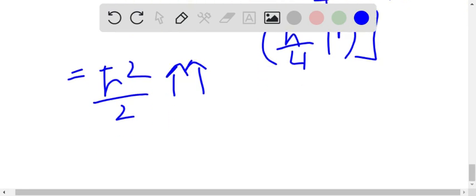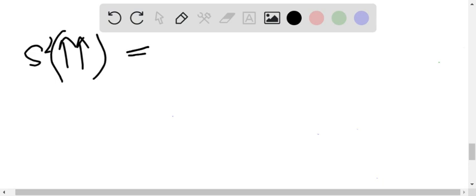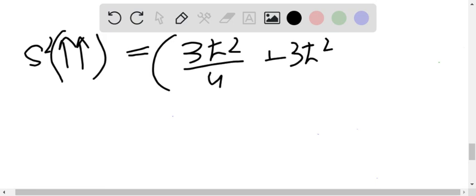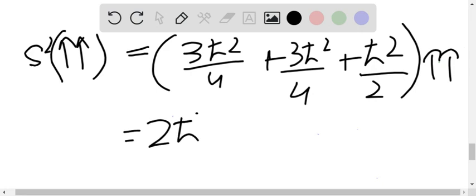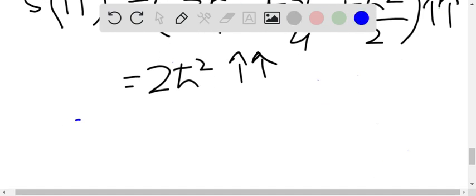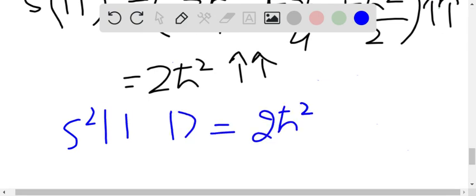So we have the first, second and third term. Now we have to combine them. By combining the terms we'll get S square equal to 3h square divided by 4 plus 3h square divided by 4 plus h square divided by 2, and when we solve it we get 2h square |1 1⟩.